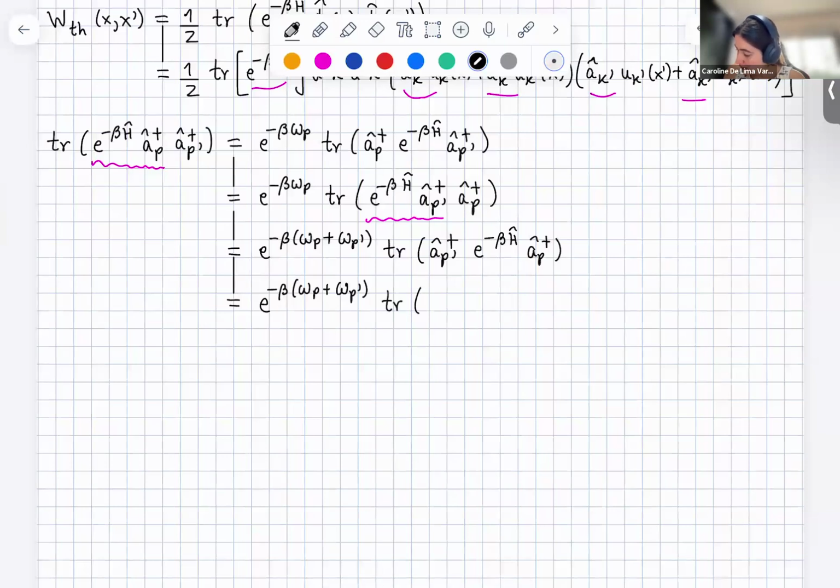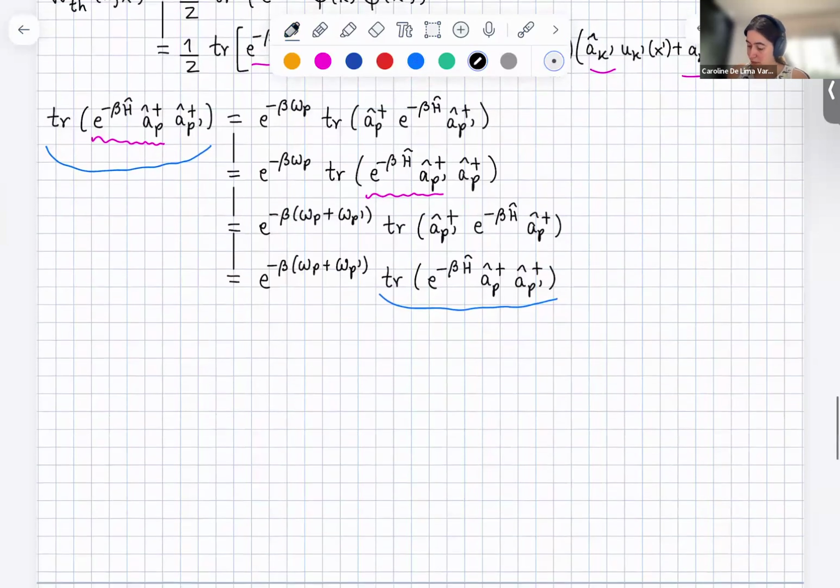This is the trace of e to the minus beta H, a_p dagger, a_p' dagger. Okay, so similar to before, now we have some expression where the left-hand side matches this right-hand side, except for this overall factor.